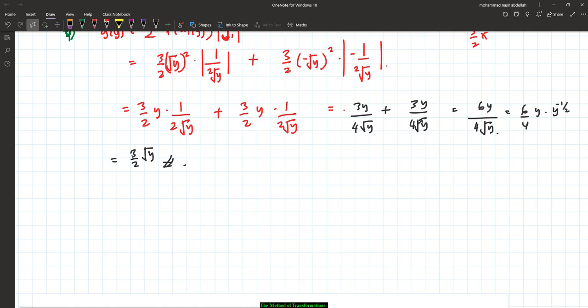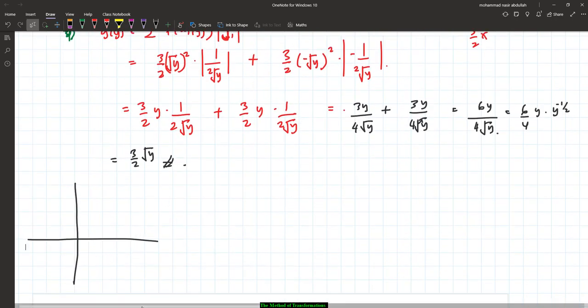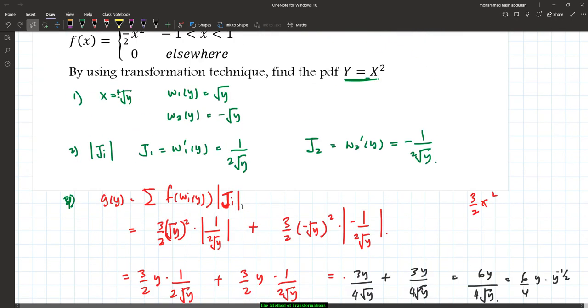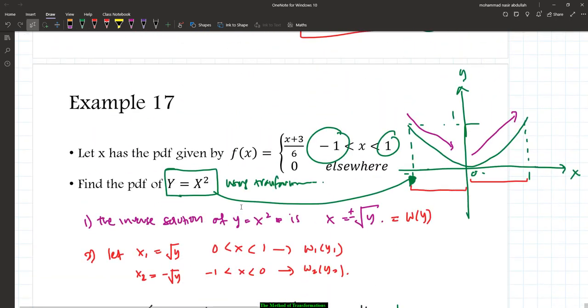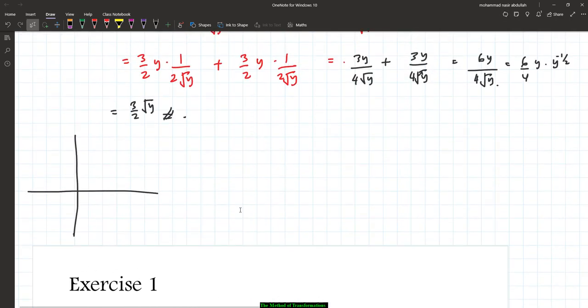Okay? This is our new PDF. So still benda yang sama juga kan. So kita tengok dia punya graph, it should be from -1 to 1. Benda yang sama. Right? Kan soalan yang sama? Soalan lain. Okay. Right? So this is -1. This is 1.